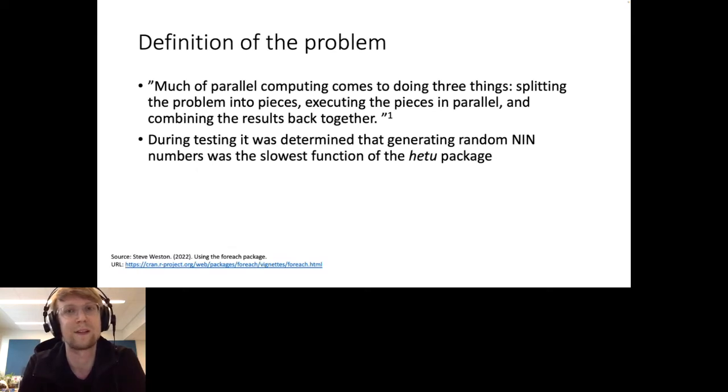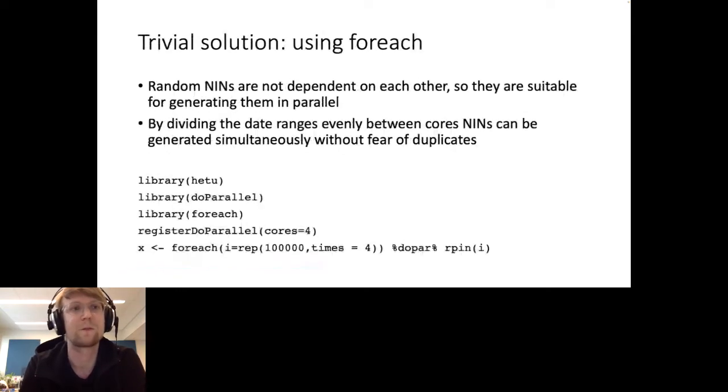And since we know that national identification numbers are not dependent on each other, they are suitable for being generated in parallel. For example, by dividing the date ranges evenly between cores, these numbers can be generated simultaneously without fear of duplicates.